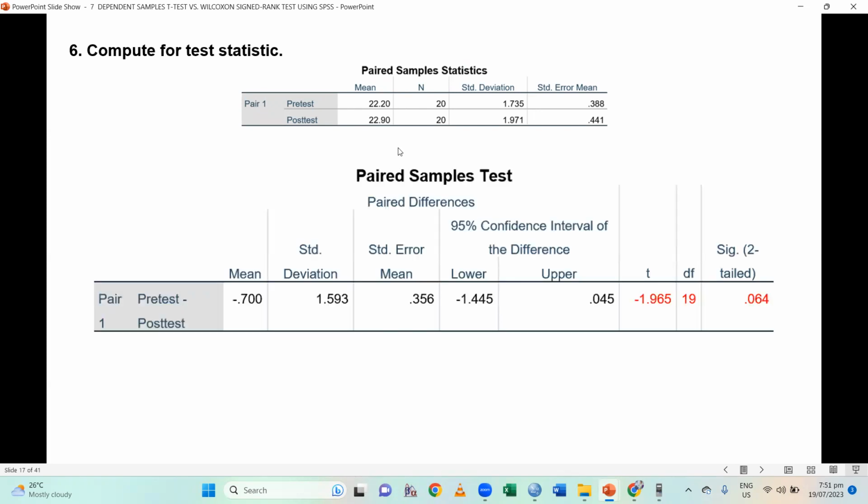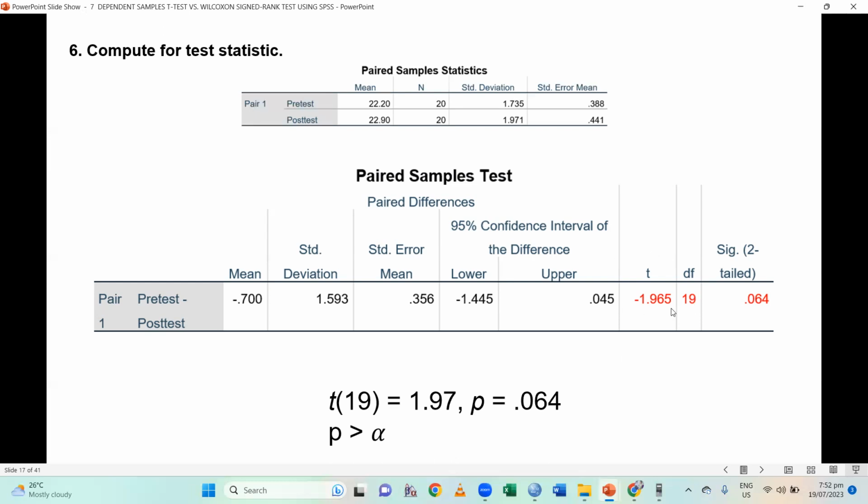The next important table is the last one. Just like the independent samples t-test earlier, we will be reporting the t, the df, and the sig two-tailed. The manner of reporting is quite similar. That is, the italicized t, and inside parentheses you place the df or the degrees of freedom, equals the t value.